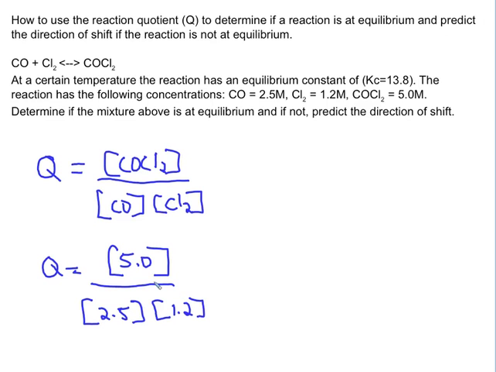You do all that math, and you end up getting that Q equals 1.7. Now, if that equals K, you're at equilibrium. So if Q equals K, that means you're at equilibrium.